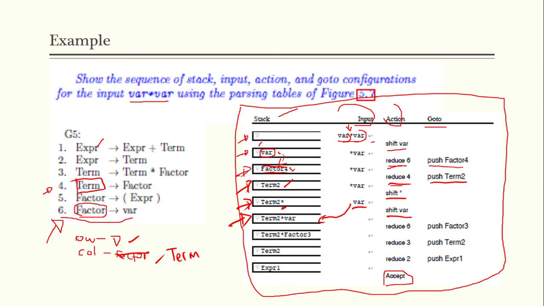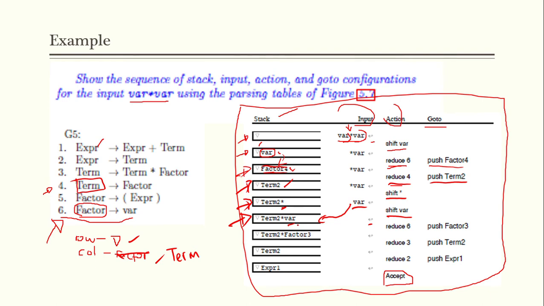On the next stack, what is on the top of your stack is var. So this is your row. What will be the column? There's no more input, but you have the end marker, and the end marker will be your column. We need to do this until we get accept and we reach the start symbol of the grammar, which is expression.